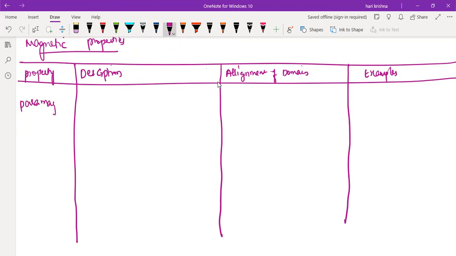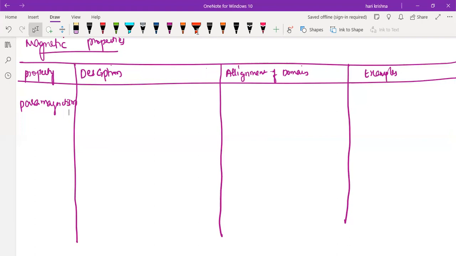What is the meaning of paramagnetism? Whenever there are unpaired electrons in the given solid, it will cause paramagnetism.